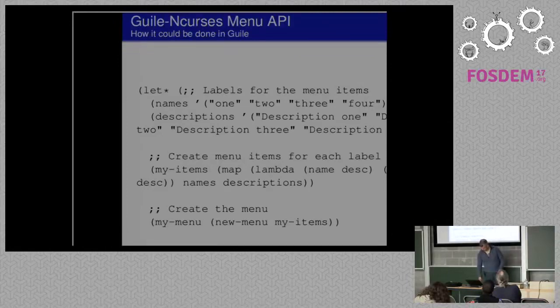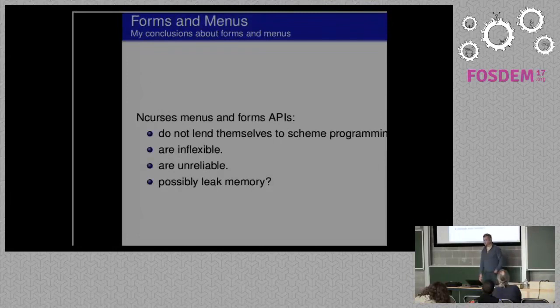So in theory, you can do that with Guile in curses, and there is a similar thing for forms if you want to create a form entry system, which I have done.